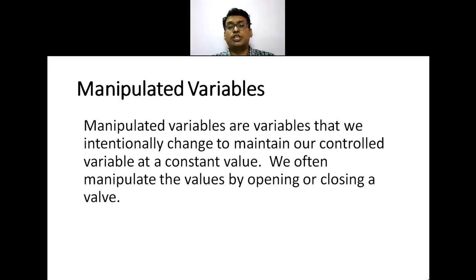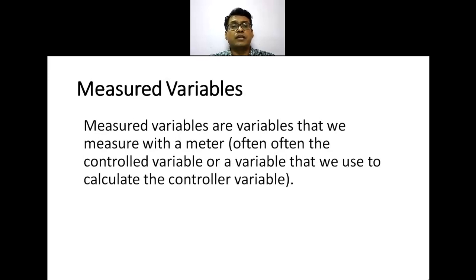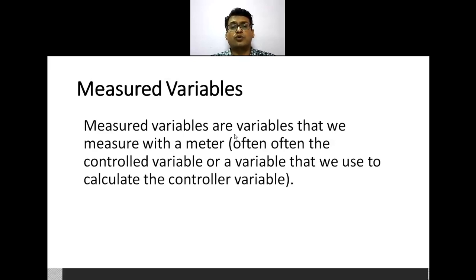That is the position of the final control element, that is the valves, by opening or closing the valve. Then measured variables are the variables that are measured with a certain meter, and we use them to calculate the controlled variables.